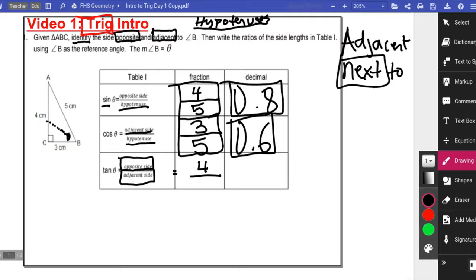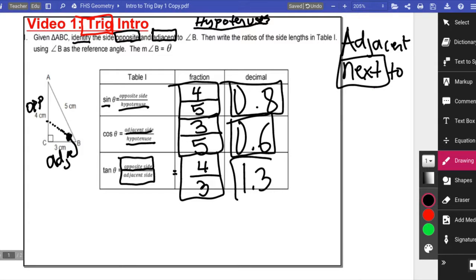Adjacent is what's next to this. What's directly next to it is this. So I have opposite right here, then I have adjacent right there. That will be 3. All right. So if they want the fraction, then you got it right there. So 4 divided by 3 is 1.3.